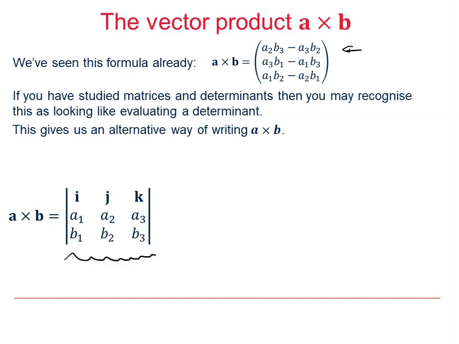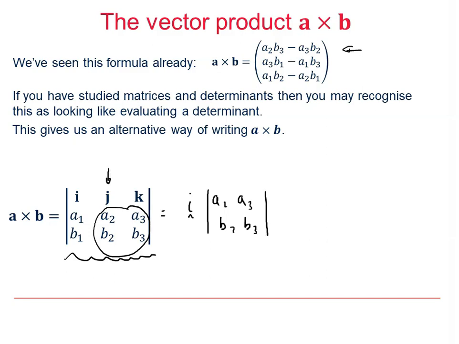Now what I'll do is just show you how that works. So remember that with a 3 by 3 determinant, we can take the first element I there and multiply it by the determinant, which is given by that block of 4. So it's I and then A2, A3, B2, B3.